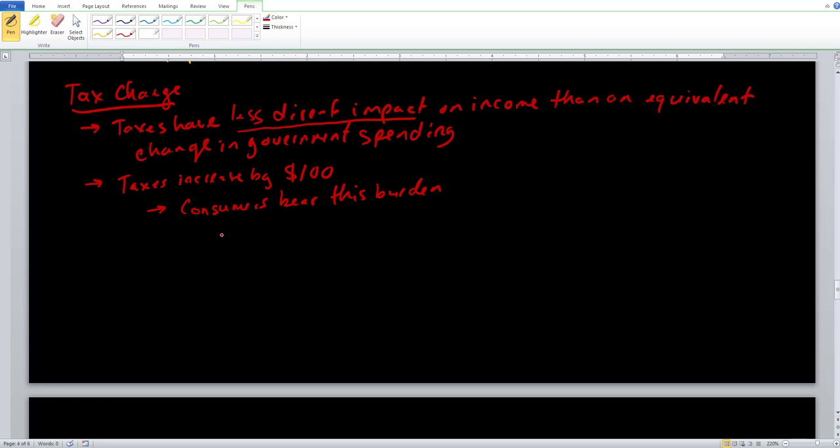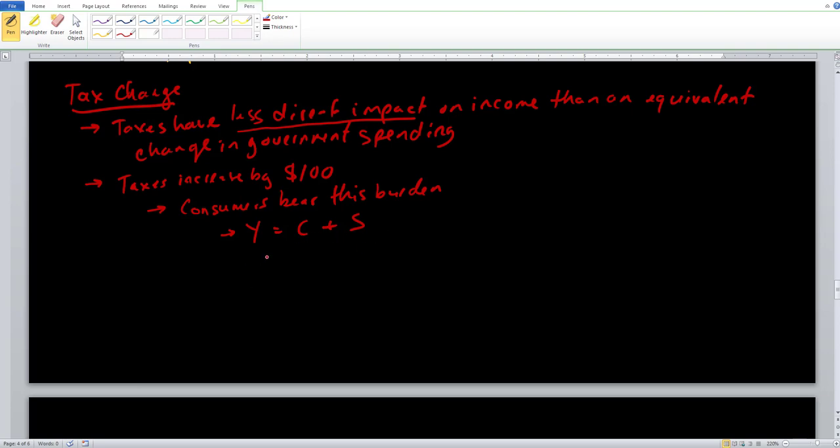So remember this equation: Y equals C plus S. When taxes increase by $100, remember this Y right here is our disposable income. So our disposable income goes down by $100. So if the left-hand side goes down by $100, what does this mean about the right-hand side? What does it mean about consumption and savings?